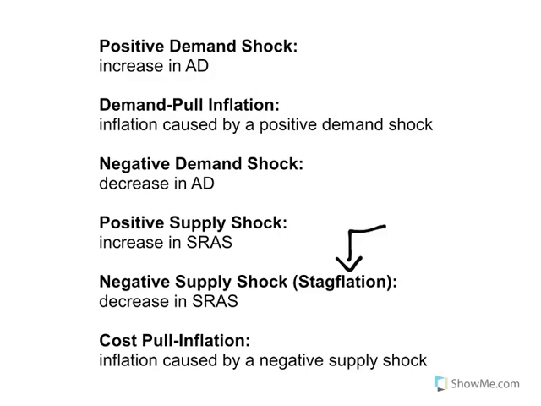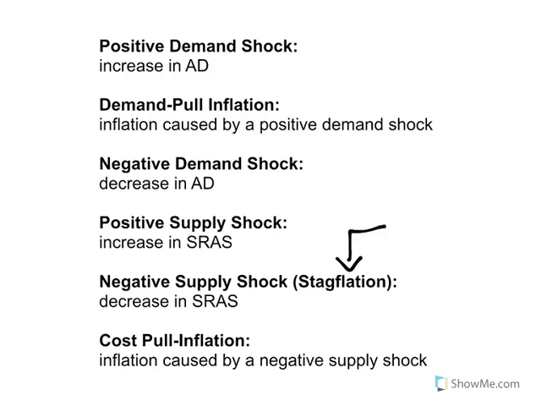And what you notice is that if you move short-run aggregate supply to the left, you get inflation and you get a stagnant economy in terms of less real GDP and higher unemployment. So just remember that a negative supply shock is called stagflation. You will see that term come up frequently on the AP exam.